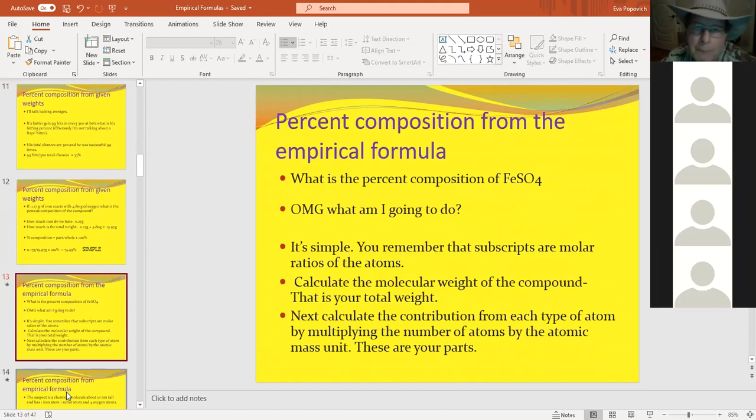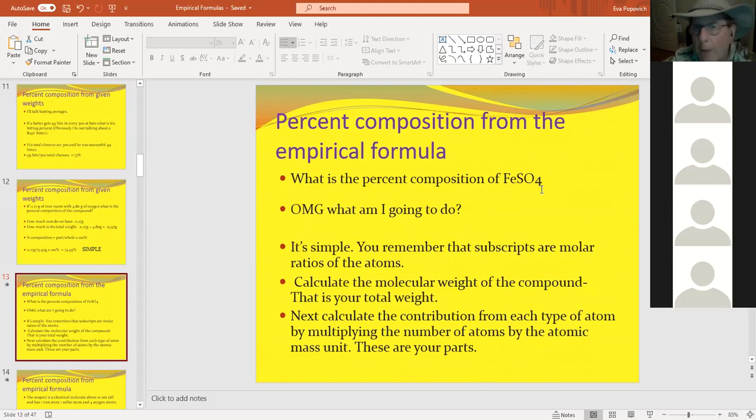Second part. What is the percent composition of iron 2 sulfate? Remember, guys, the subscripts tell me how many atoms there are. Do I know the atomic weights of each one of those elements? Yeah.